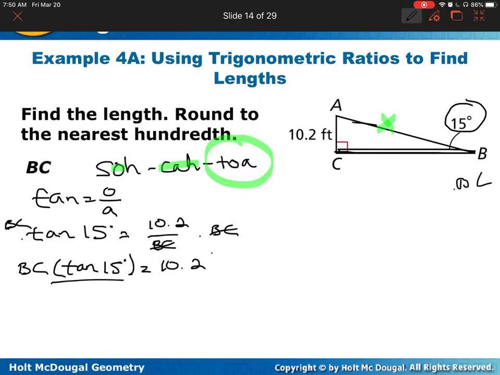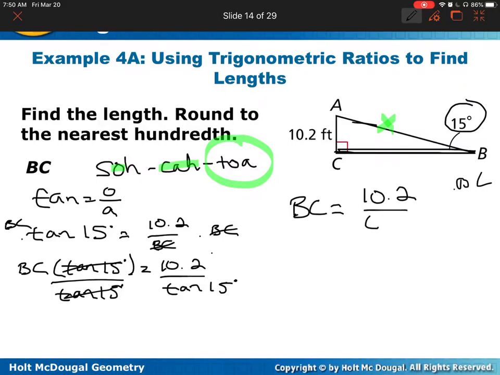Then I want to divide by the tangent of 15 degrees to get BC by itself. So our equation left over is BC equals 10.2 divided by the tangent of 15 degrees.